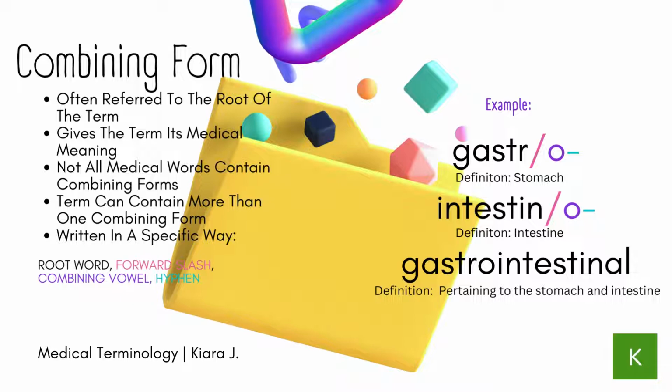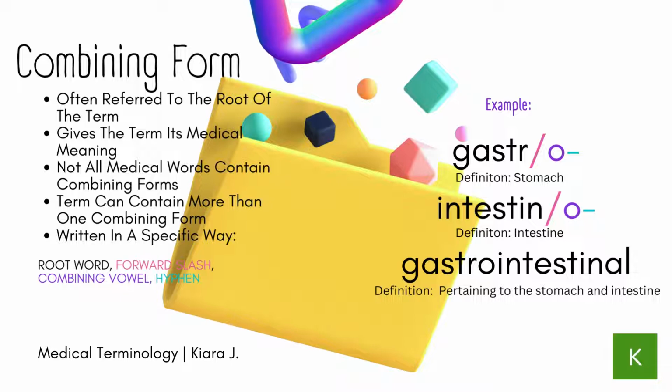These words do not have prefixes, suffixes, or combining forms. This is something that you will come to recognize through your journey or your interest in medical terminology. You'll be able to differentiate what words have prefixes, suffixes, combining forms, and what are the exceptions to the rules.